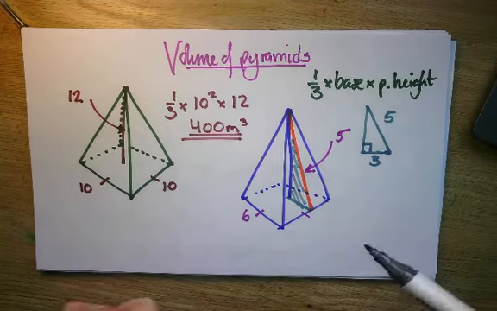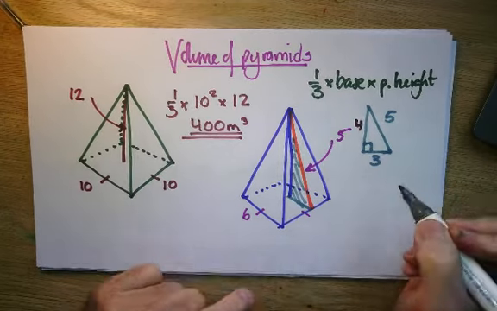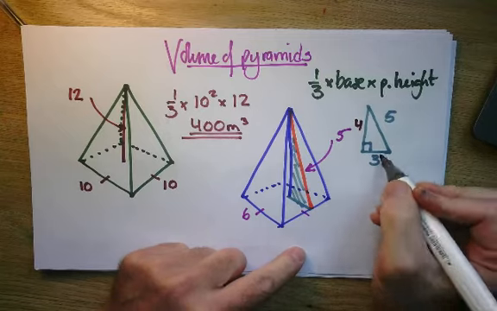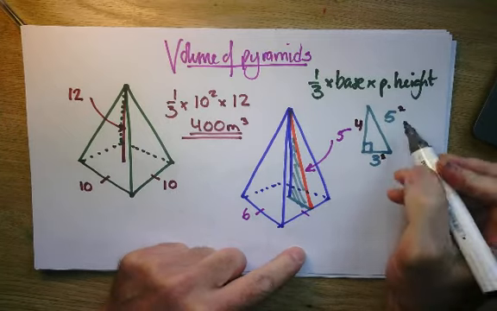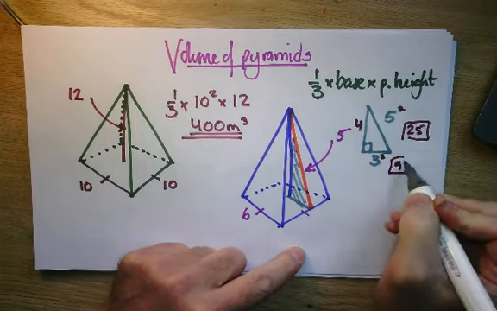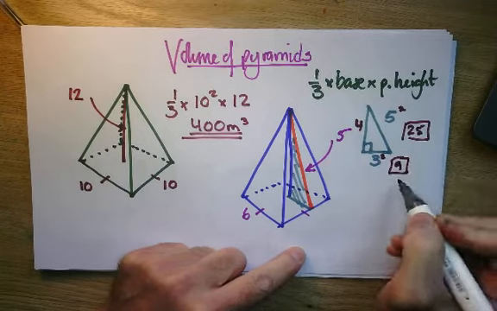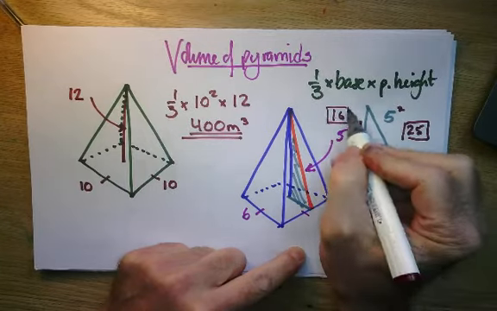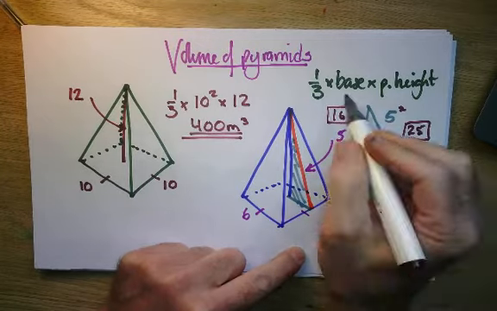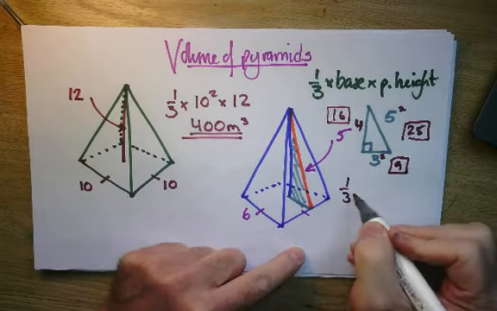So I can tell the perpendicular height here is going to be 4 because of my knowledge of Pythagorean triples. 3 squared, 5 squared. 5 squared is 25. 3 squared is 9. 25 take away 9 is 16. Square root of 16, 4. Boom.